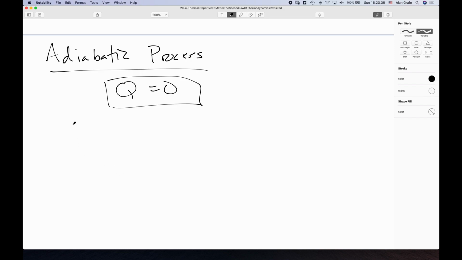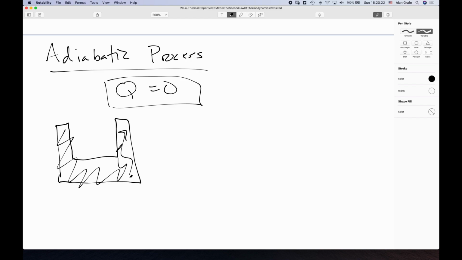The best example I can think of is, say, a piston here, but now it's very well insulated. This piston is made out of really good insulating material, so there's no way we can transfer any heat in or out.